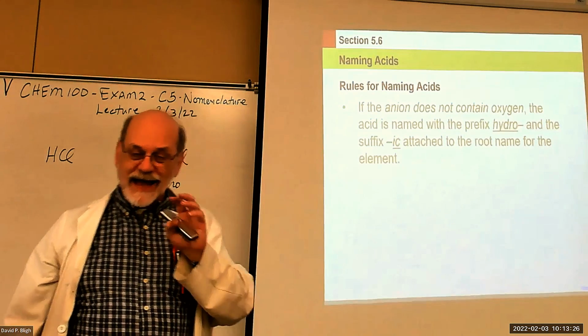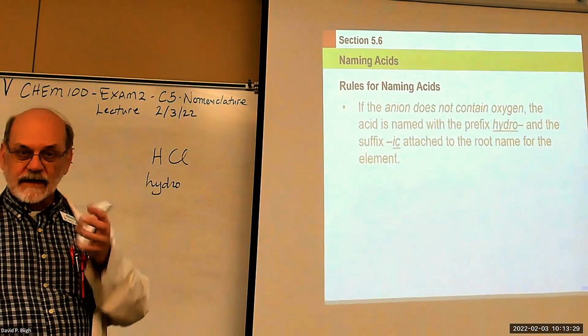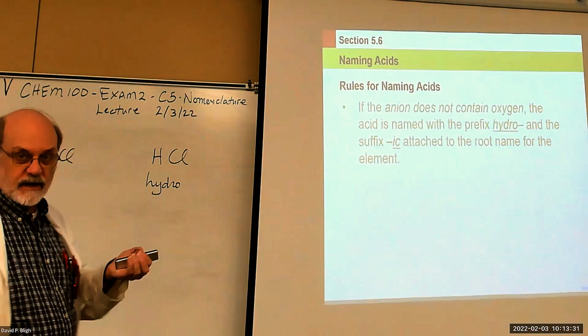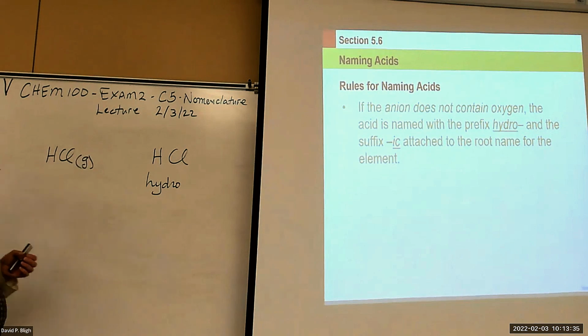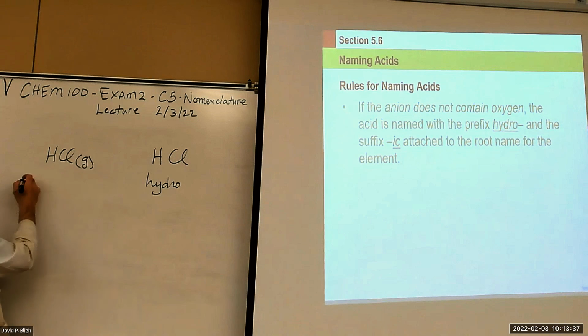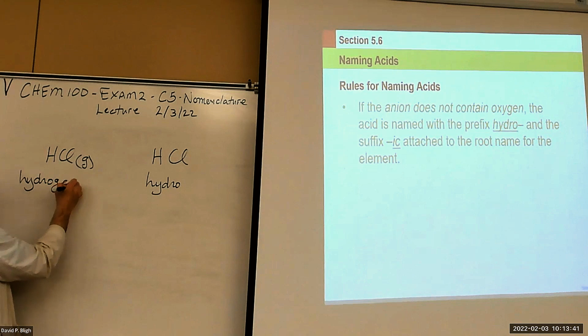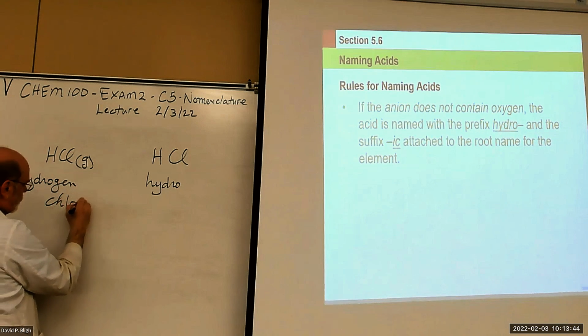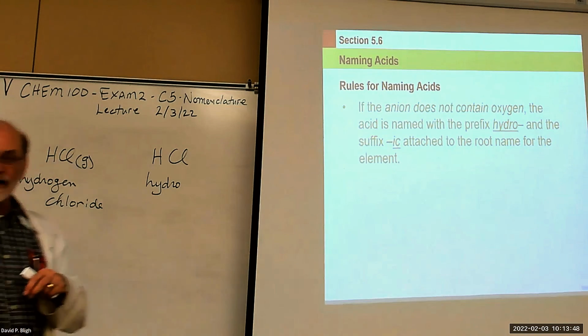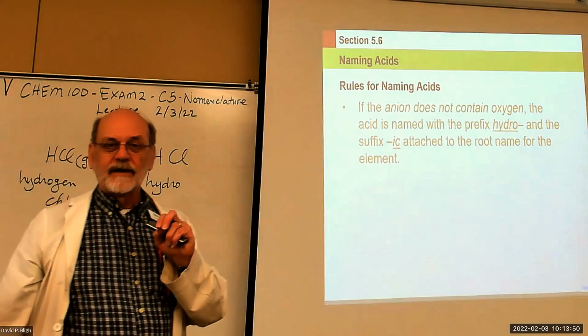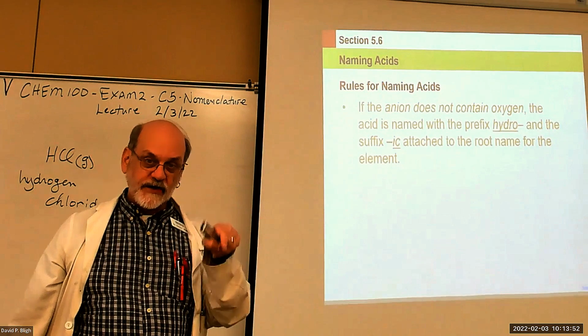In other words, HCl in its pure form is a gas. And we would name it hydrogen chloride. When does it become an acid? It only becomes an acid when it's dissolved in water.